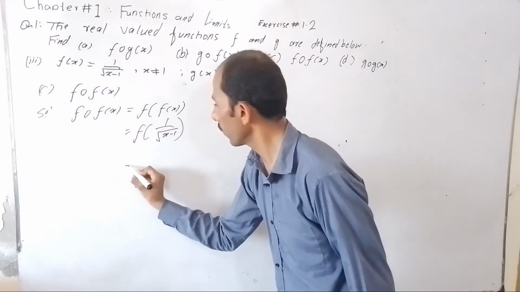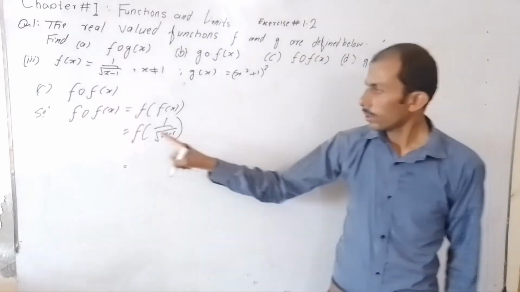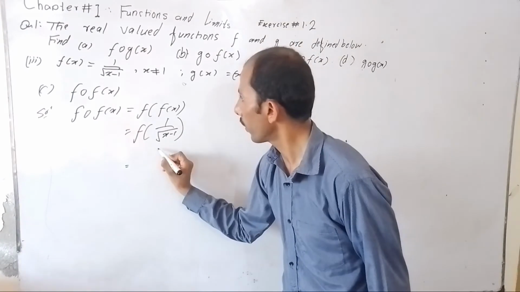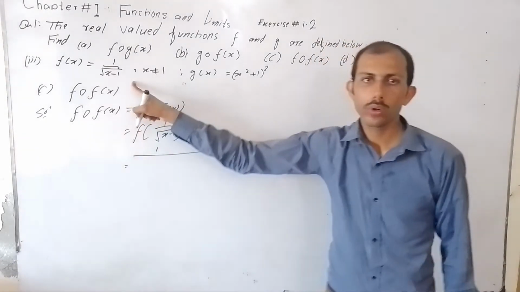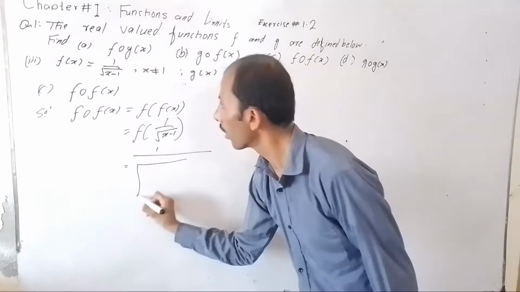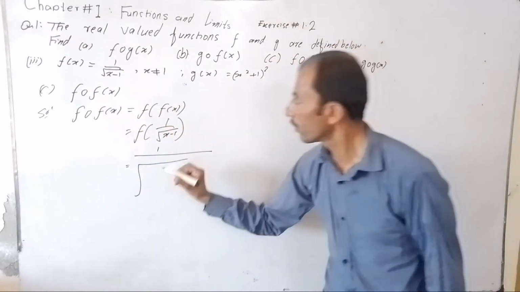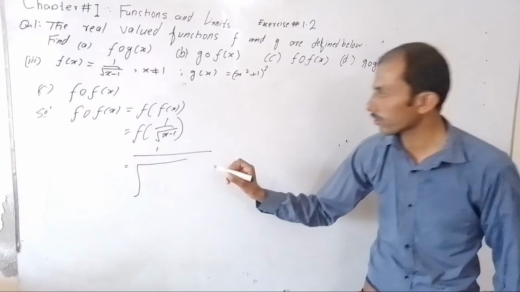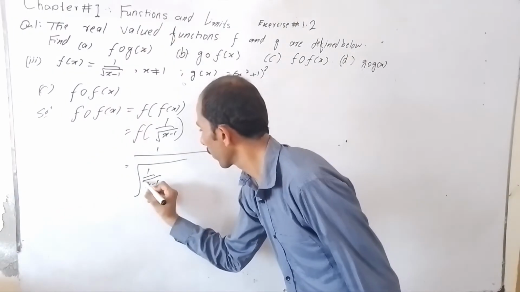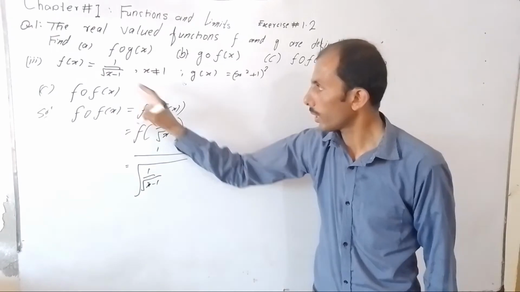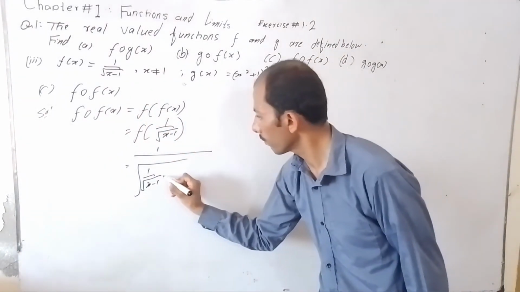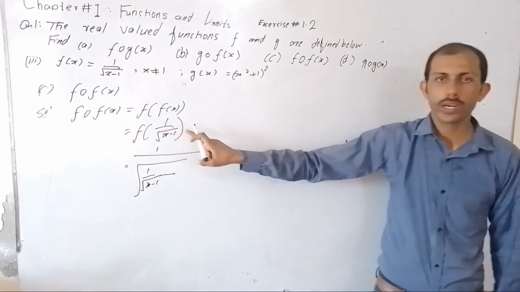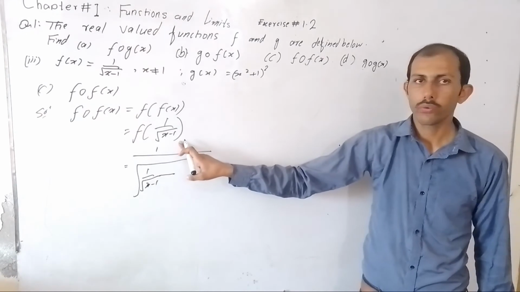Put 1 divided by under root of x minus 1 in f of x. So 1 divided by under root of x replaced by 1 divided by under root of x minus 1, minus 1.